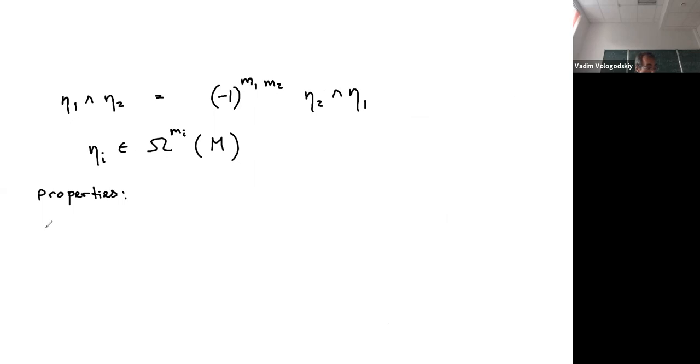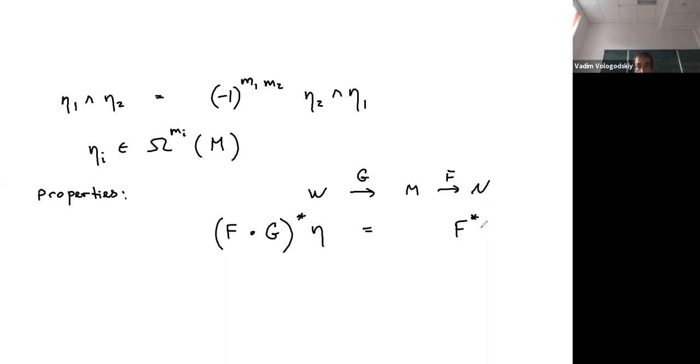First of all, if you have a map F from M to N, and we are given another manifold W with a map G, then we can take G composed with F. This is going to be a map from W to N. If you have a differential form eta on N, we can take its pullback, or we can first take the pullback of eta with respect to F, and then pull back with respect to G.